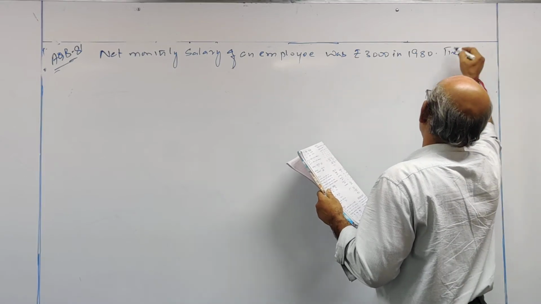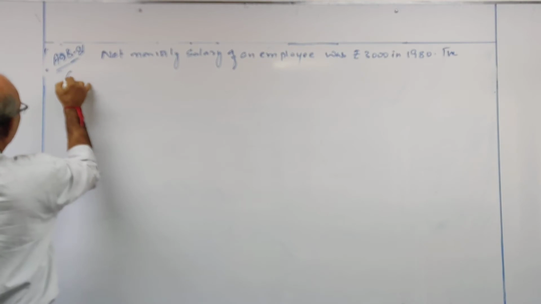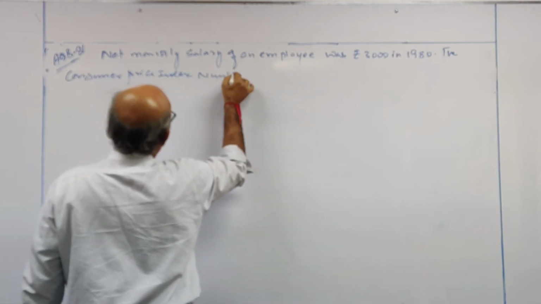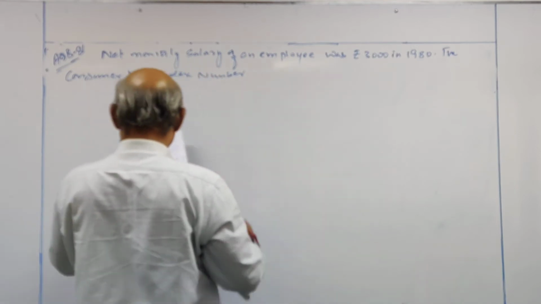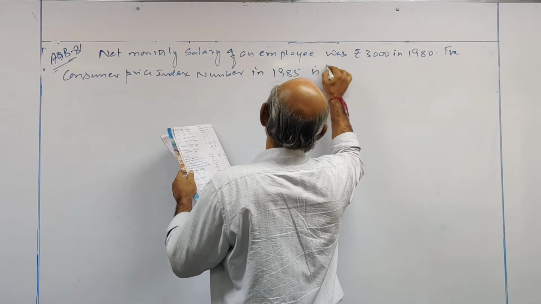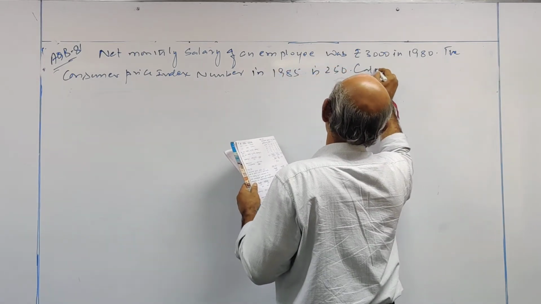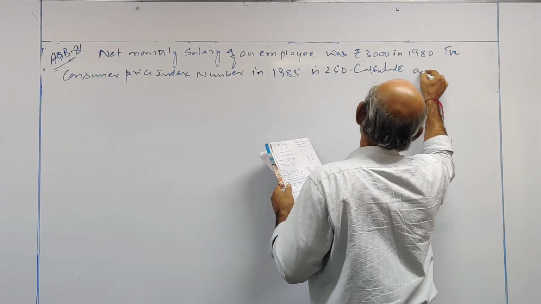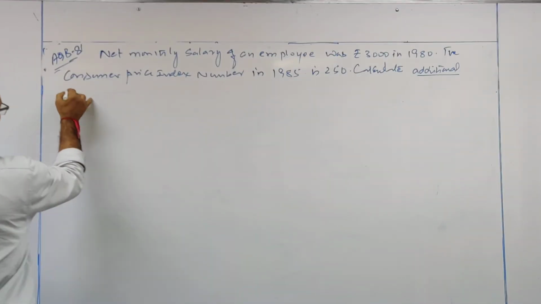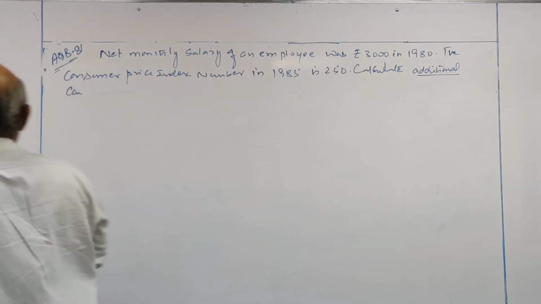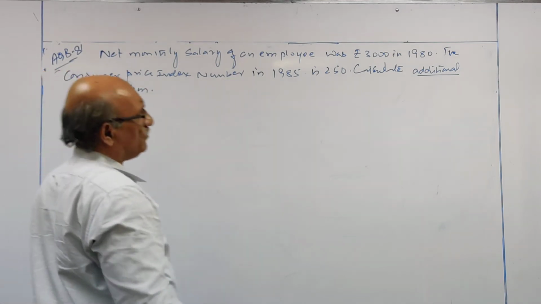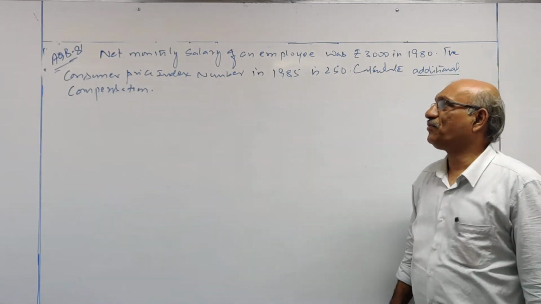The consumer price index number in 1985 is 250. Calculate additional compensation.